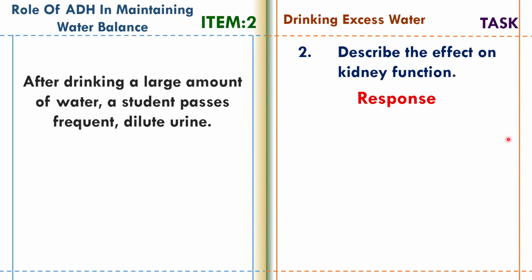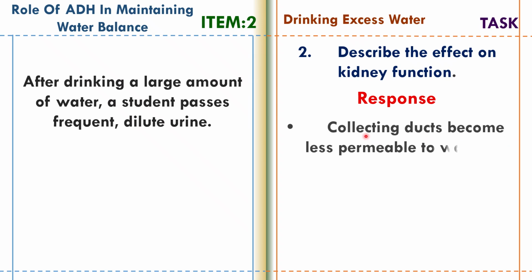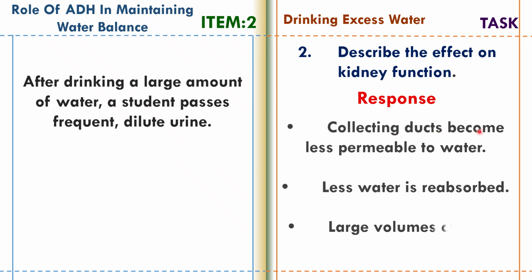Collecting ducts become less permeable to water. Less water is reabsorbed. Large volumes of dilute urine are produced.